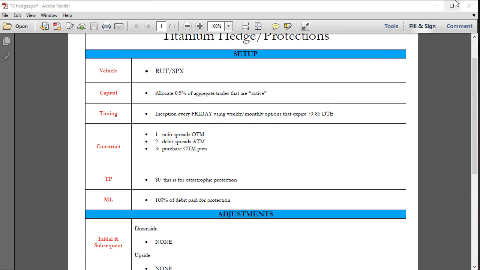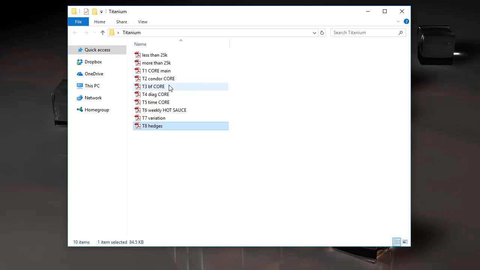And so if you have a core, let's just say, for example, you have a T3 core butterfly trade on that is setting you back $200,000 worth of margin, and you need to put on, let's just say $2,000 worth of hedge protection.